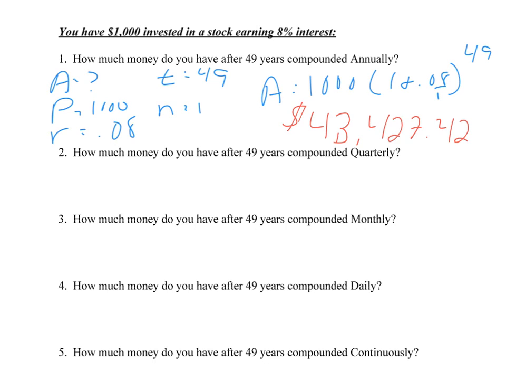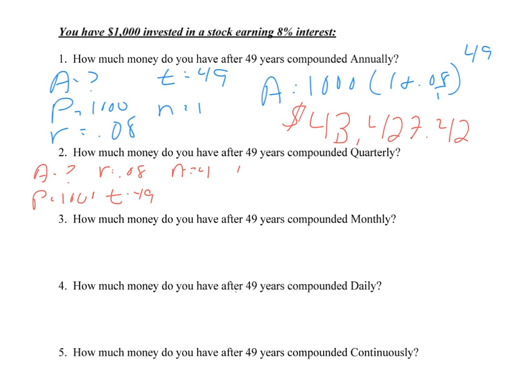Okay, if we do this compounded quarterly, our A is again what we're looking for. Our P is 1,000. Our R is 0.08. Our T is 49. But this time, because I'm compounding it quarterly, our N is 4. Everything's going to be the exact same, but this time our N is 4.